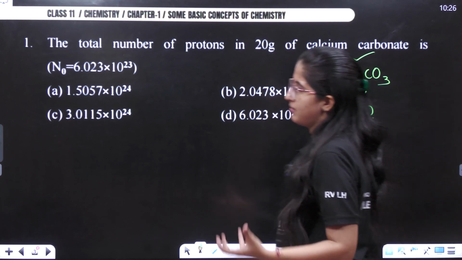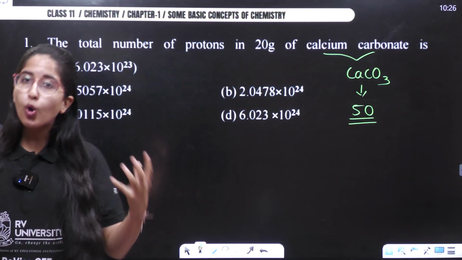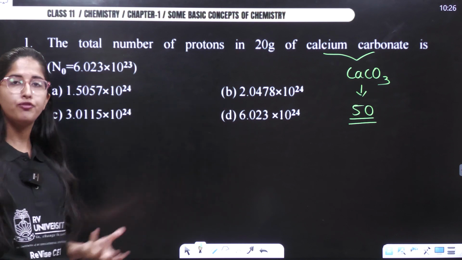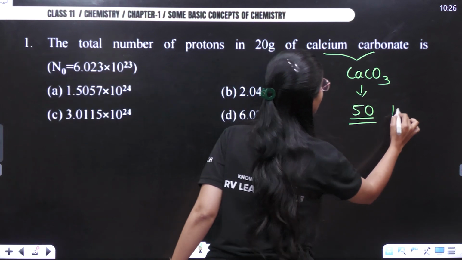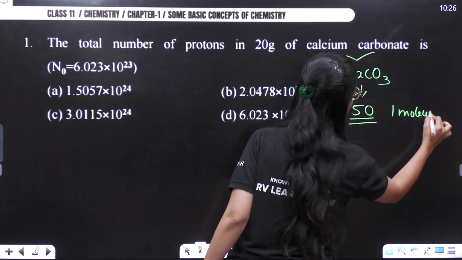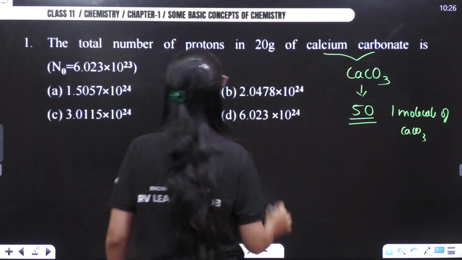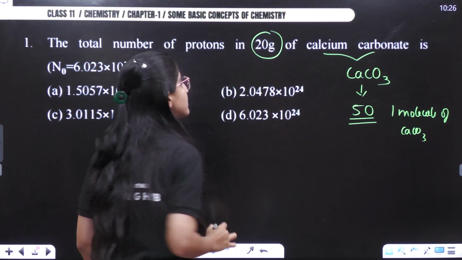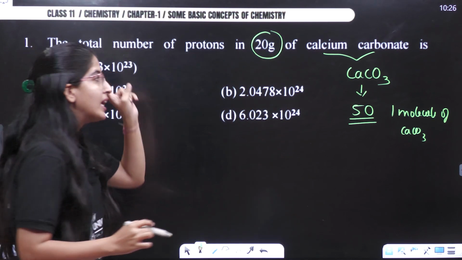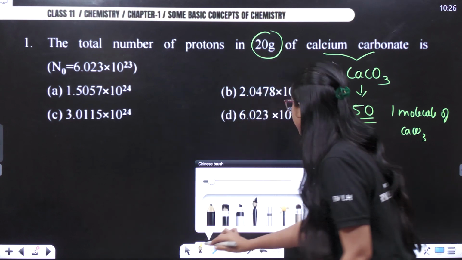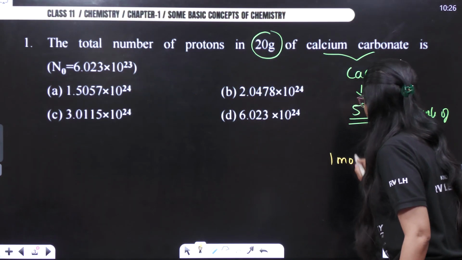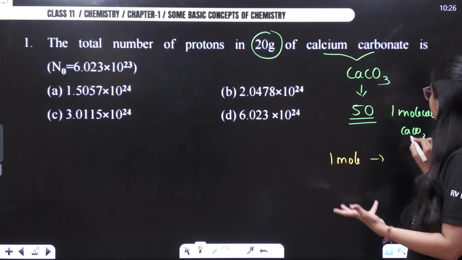So the total number of protons will be around 50 for one molecule of calcium carbonate. Now, as they have given 20 grams, how can we calculate? See, in 1 mole, how many molecules will we have?